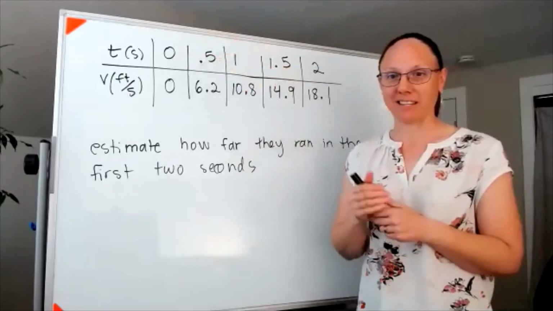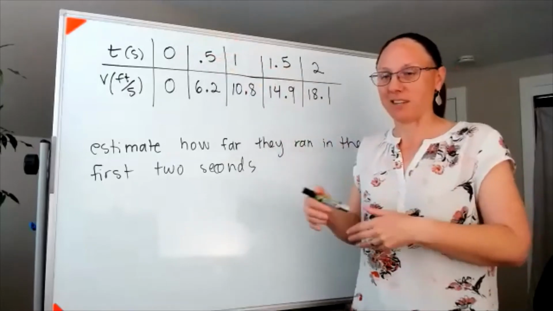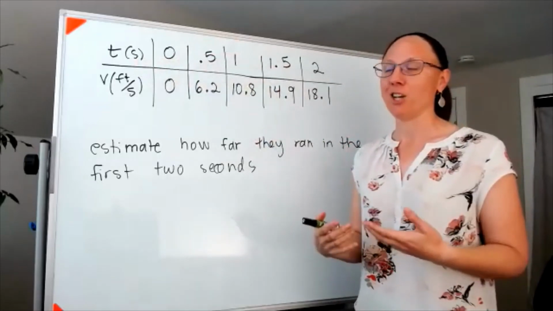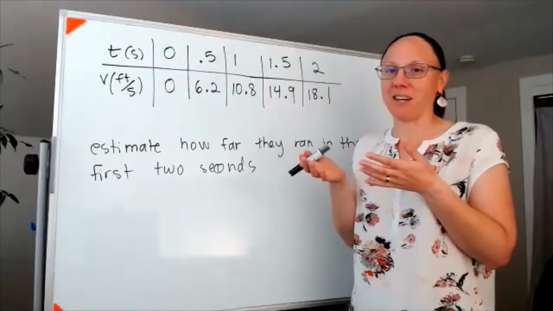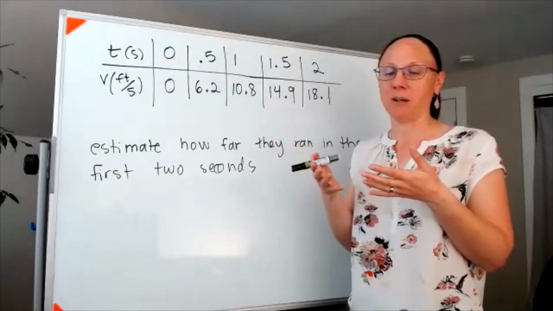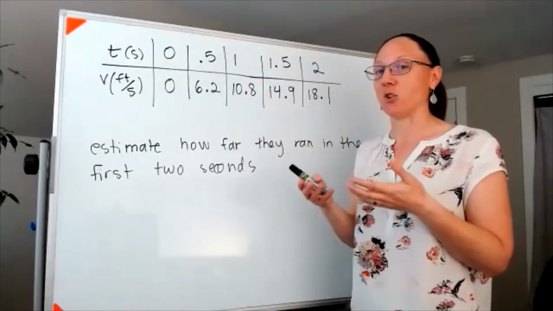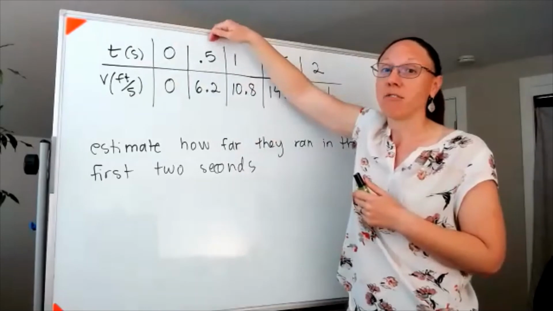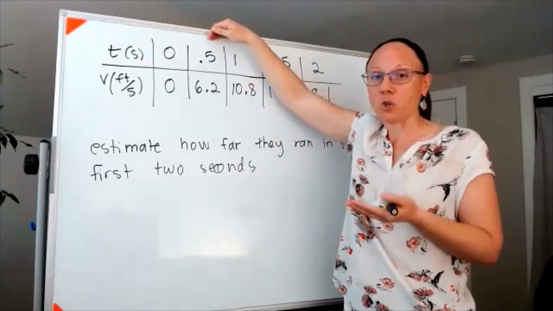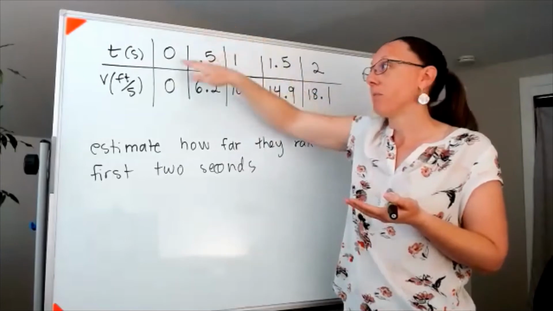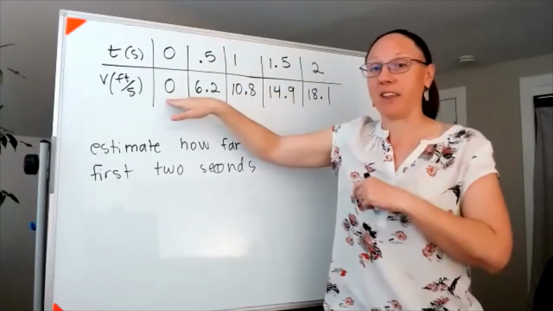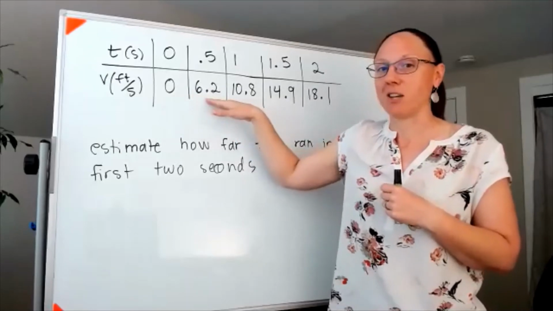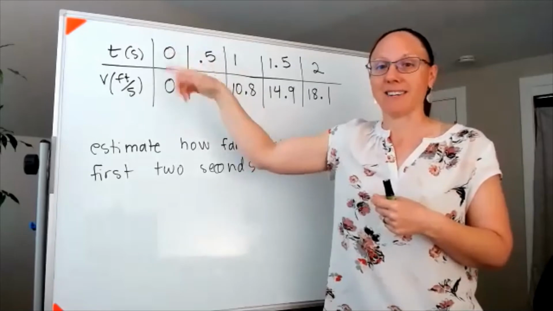We're not actually collecting data points continuously, we have specific times that we're taking these data. So we have to make an estimate of what happened in between. One of the ways that we can do that is to assume that for that first half a second, we'll just keep the velocity at 0 for that whole half a second. Another option we have is to assume that the velocity was 6.2 feet per second for that entire half a second.